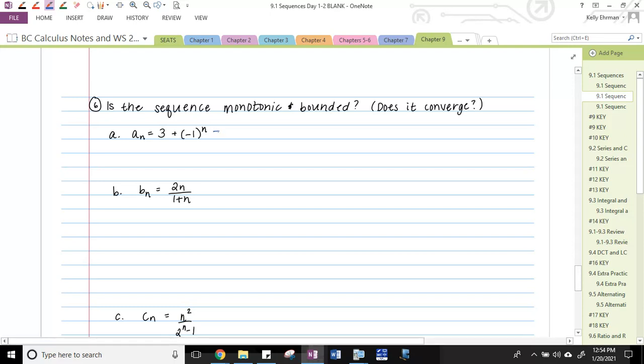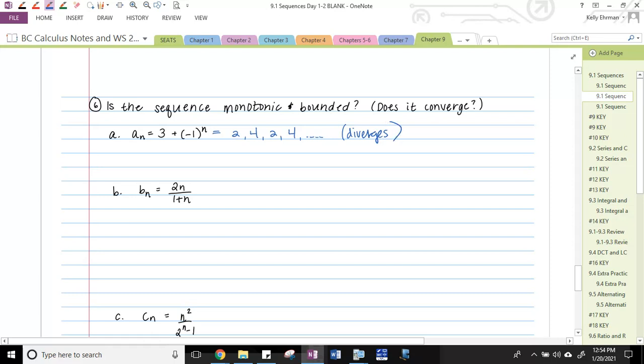Now, we had this example in the first day's notes, I believe, where we said if we actually list out some of these terms, if n is 1, we get 2, if n is 2, we get 4. This is just going to keep bouncing back and forth. So we know that yesterday we figured out this thing diverges.